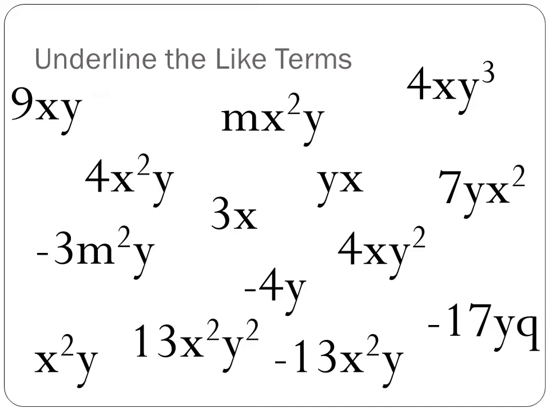Do we have another one that's mx squared and y? Nope. How about 4xy to the third? Don't see one of those either. Do you see any terms that are the same?